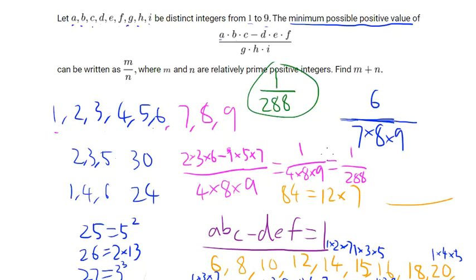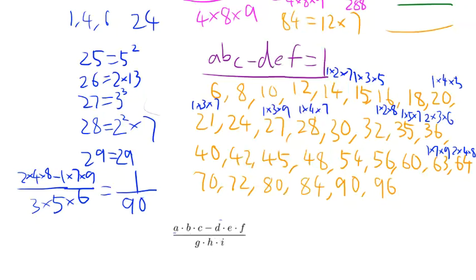Now, how about we set the numerator to 2 and see what happens? Let's say we set this ABC minus DEF equal to 2, then this would be greater than 2 over 7 times 8 times 9, right?